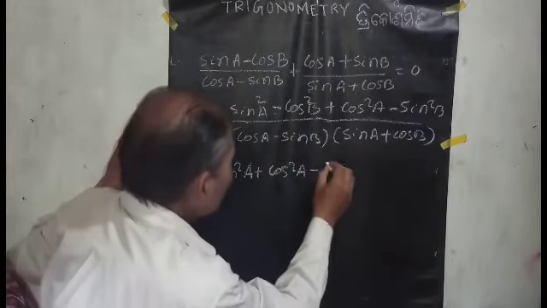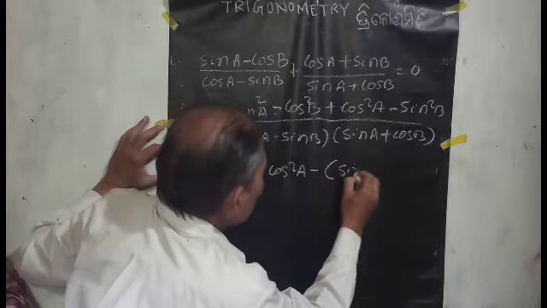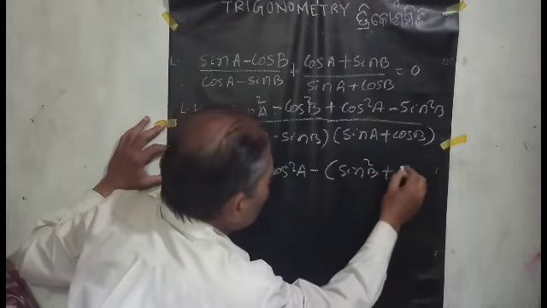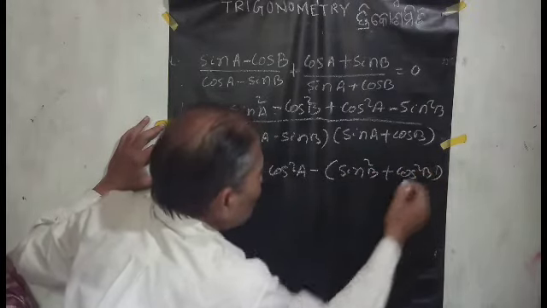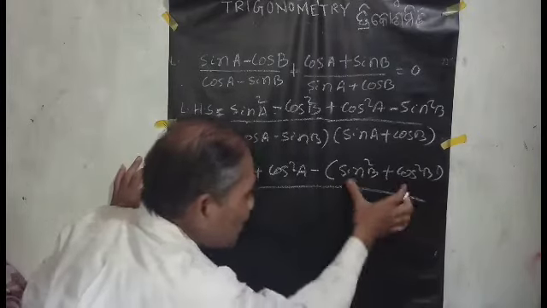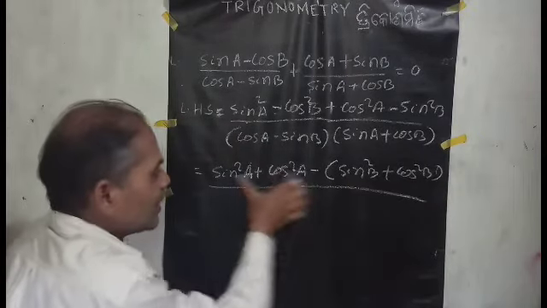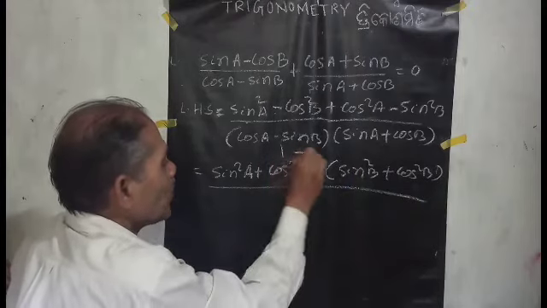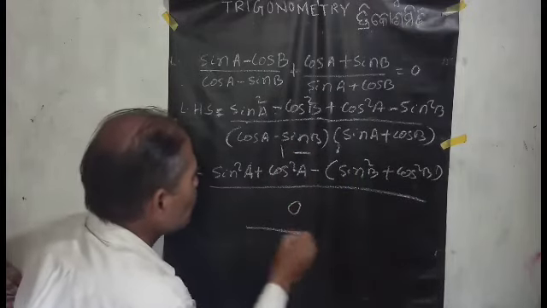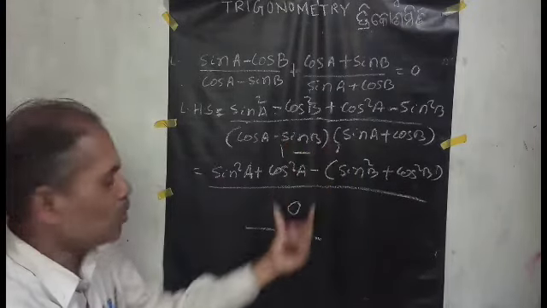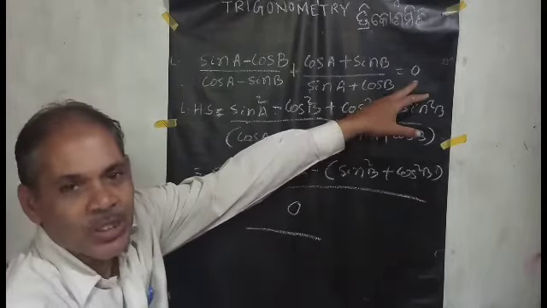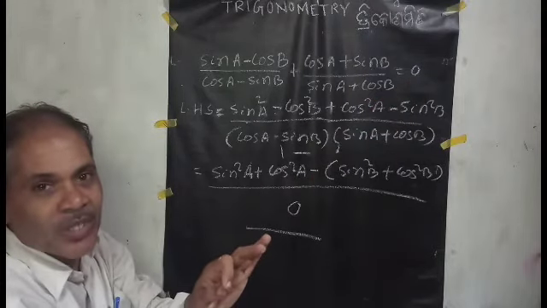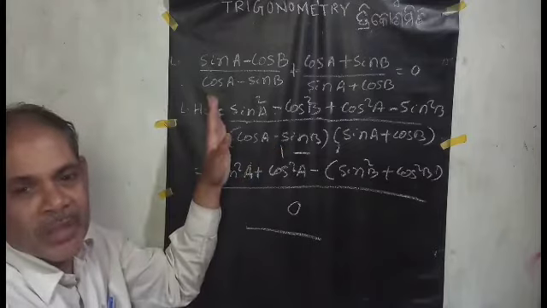Then taking minus common, sin square B plus cos square B, that part is also 1. This is 1, this is 1. That is 1 minus 1 is equal to 0. 0 by something is equal to 0. Answer, you get 0. This is the easiest way to solve this problem.